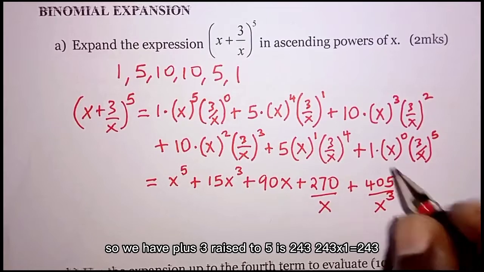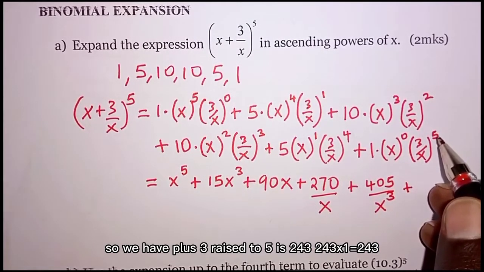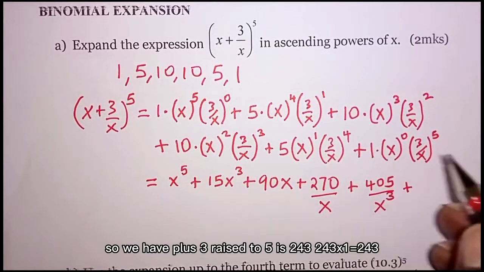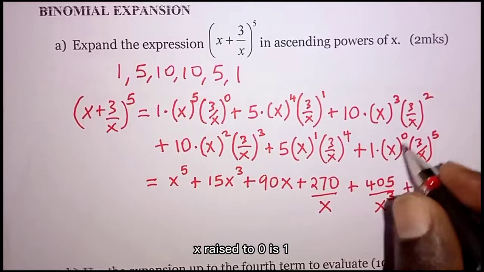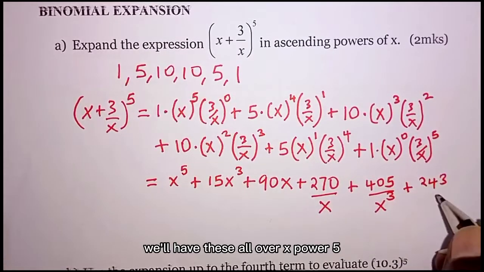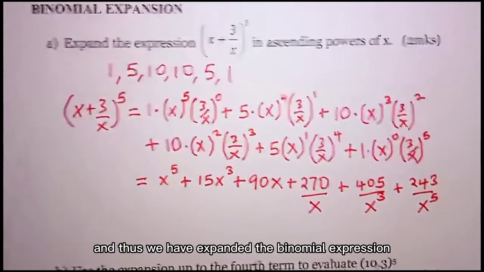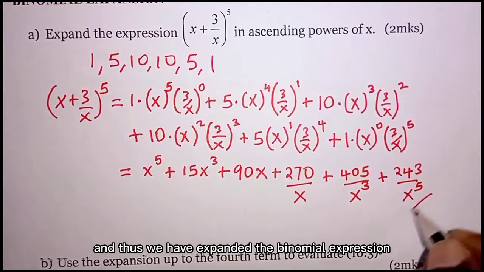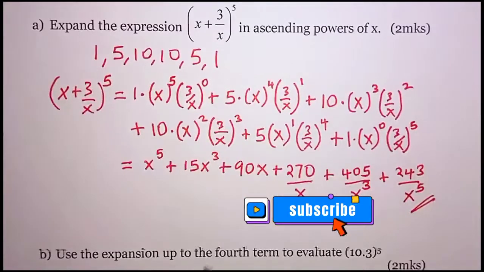So we have plus 3^5, which is 243. 243 times 1 is 243. x^0 is 1. So we'll have this all over x^5. And thus we have expanded the binomial expression as required.